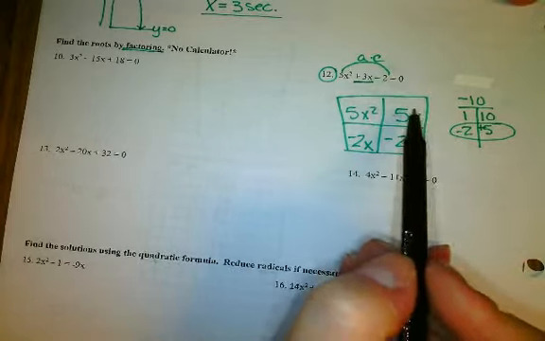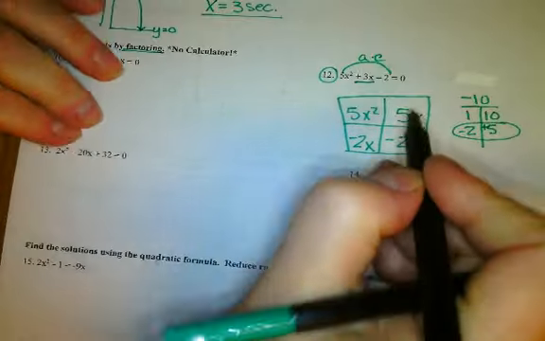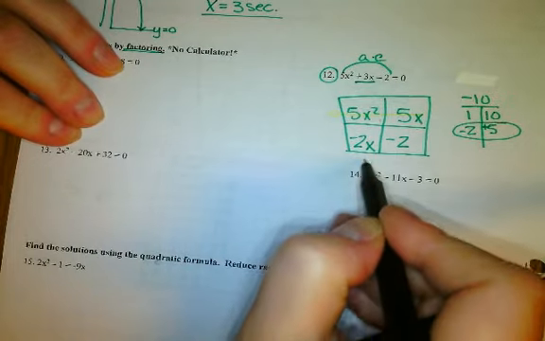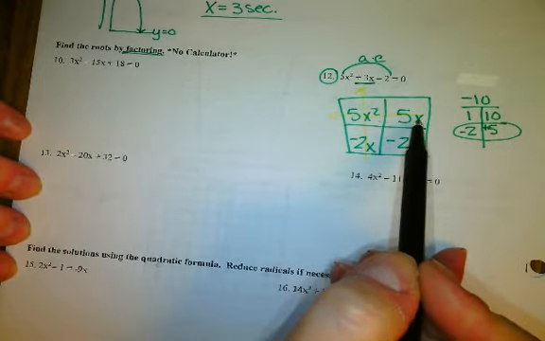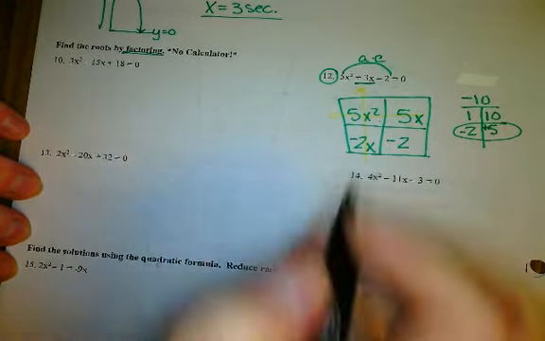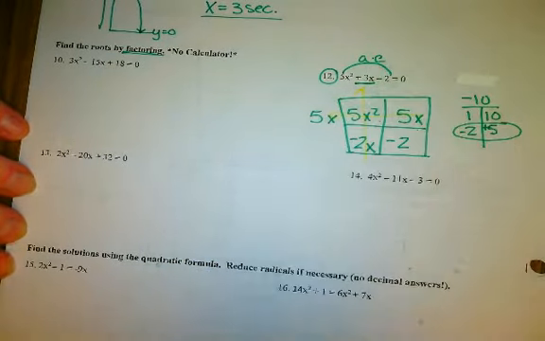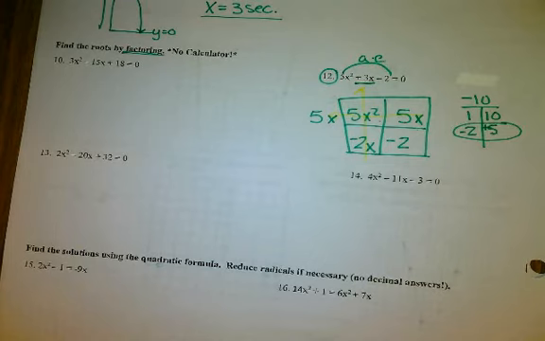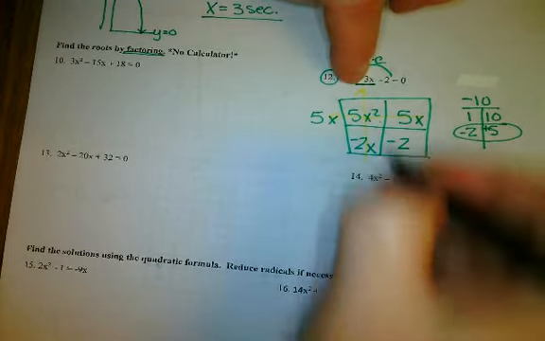Okay, so now what you have to do is pull the greatest common factor out either this way, or out that way. But you have to pull it out one of those ways. So I notice that I have a 5x squared and a 5x here. Now I always will pull out an x, and I can also pull out a 5, because the greatest common factor of 5 and 5 is 5. Alright, so 5x times what will give me 5x squared?